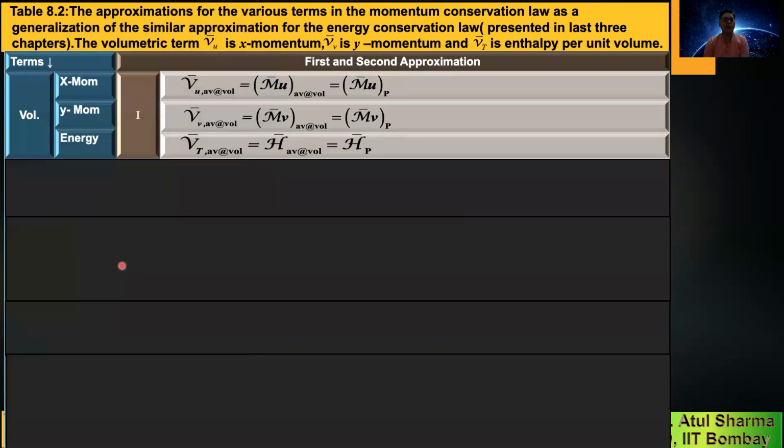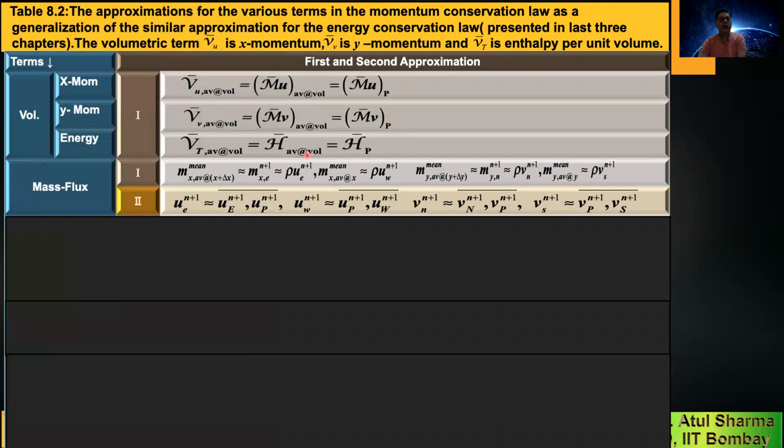Note that in a volumetric term, when we have to calculate the change in momentum with respect to time, we only need the first approximation, where the average at volume is represented in terms of the value at the centroid, this P. And for the mass fluxes, the first approximation is that the average at surfaces is represented by the centroid of the surfaces, and the mean value.